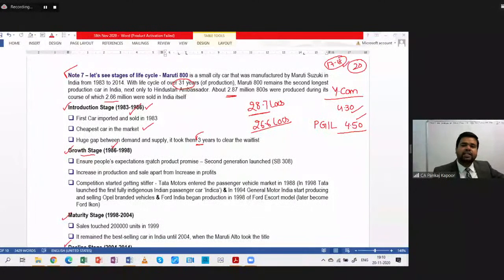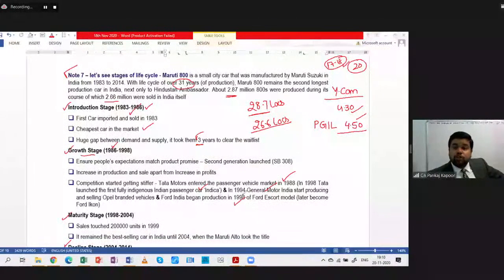But in the year 1988, Tata started producing cars in India. Although in 1998 they came with the first indigenous car, Indica, in 1988 they started producing passenger vehicles in India. General Motors in 1994 started producing the Opel, and Ford in 1998 started producing vehicles, which later became the Ford Icon.